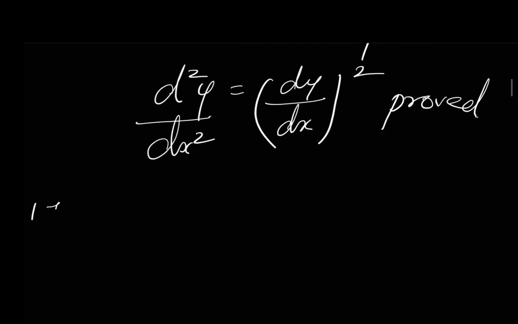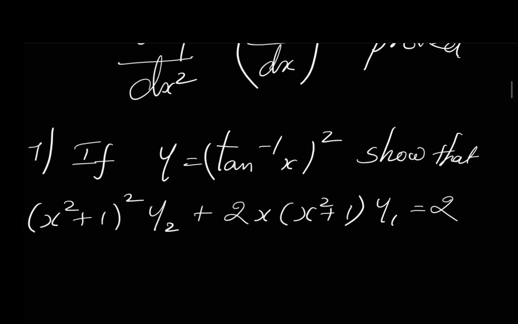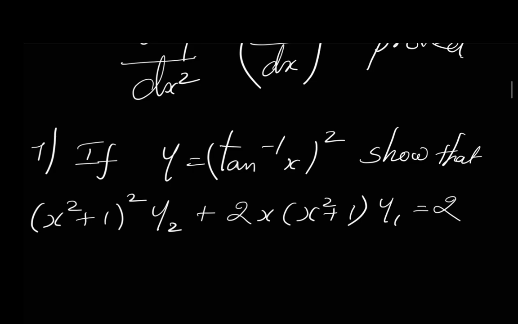Take the 17th sum. If y is equal to tan inverse x the whole squared, show that x square plus 1 the whole squared y2 plus 2x into x square plus 1 into y1 is equal to 2.